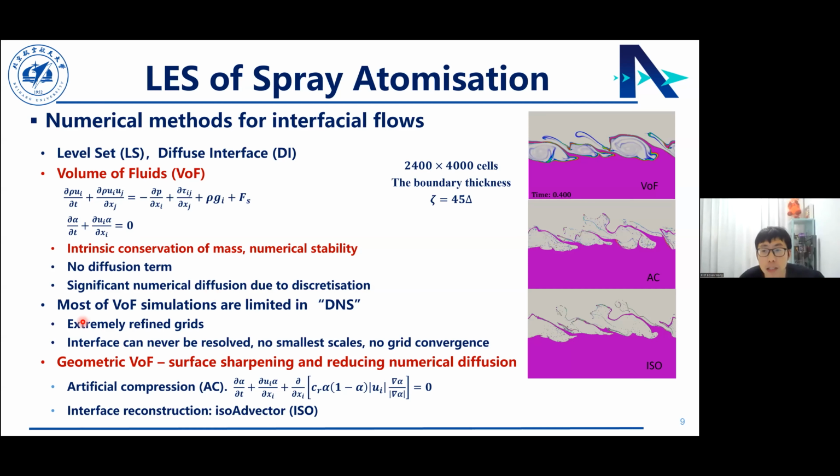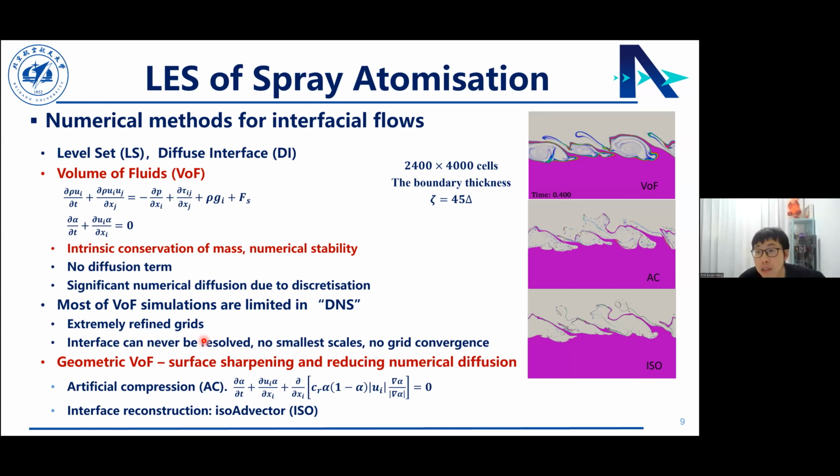This is a test by myself. This is a two-dimensional simulation with 2,400 times 4,000 cells in this region, and the boundary thickness is about 45 grid cells.